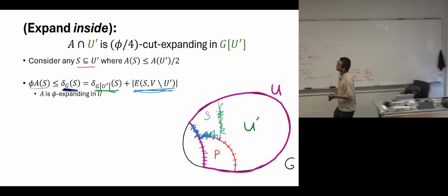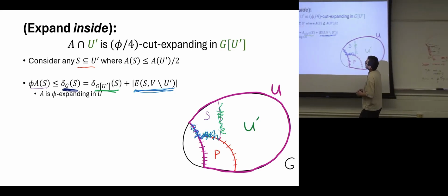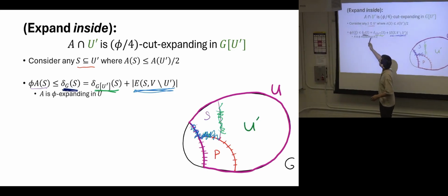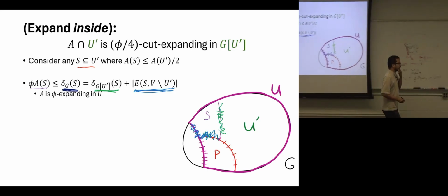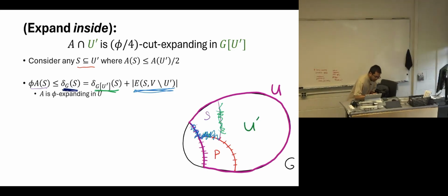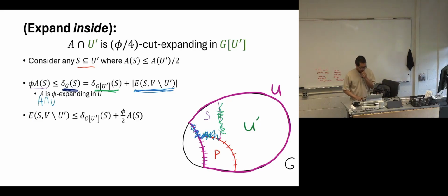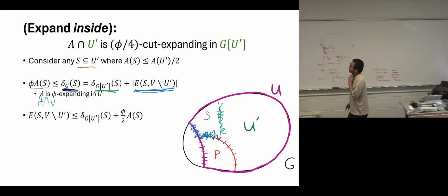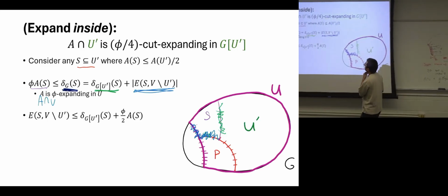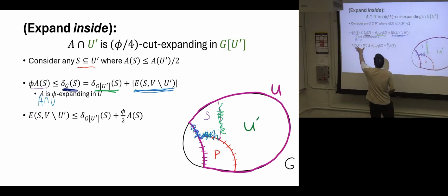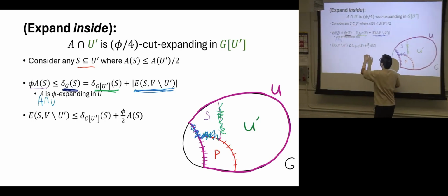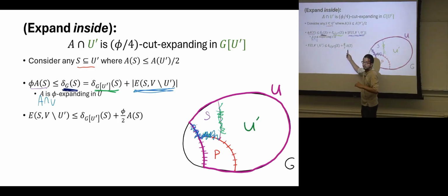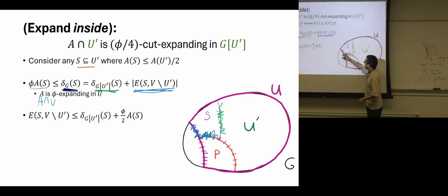This is just true because A intersect U is expanding in U. Okay. But at the same time, we know that the blue part here needs to be smaller than this thing. Because why?